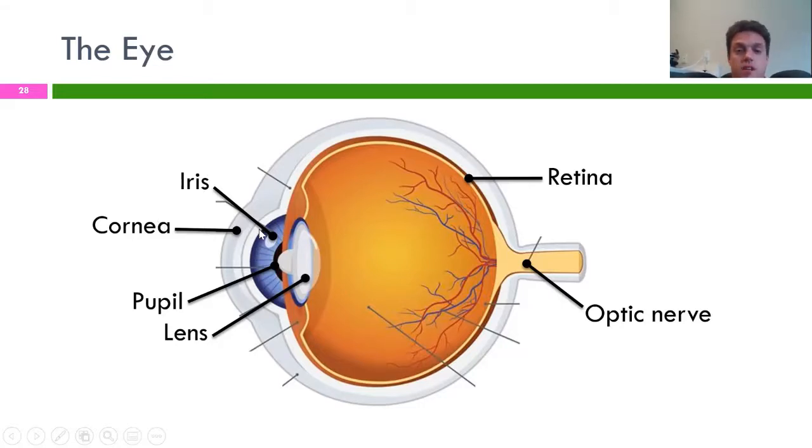Your iris is going to open or close your pupil a little bit depending on the situation. Light goes in through the pupil to the lens. The lens bends it, and then the lens is going to bend that light so it goes to your retina. The retina is going to receive it and then stimulate the optic nerve. Okay.